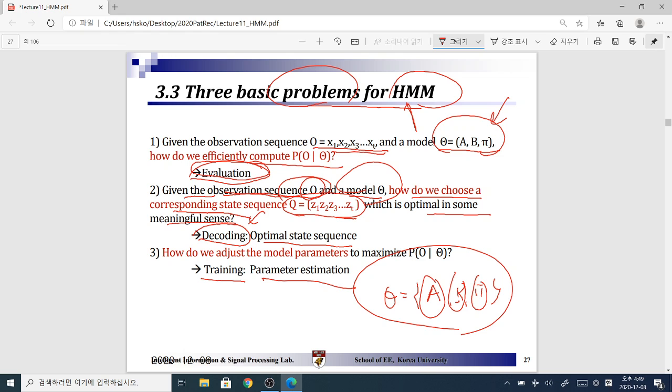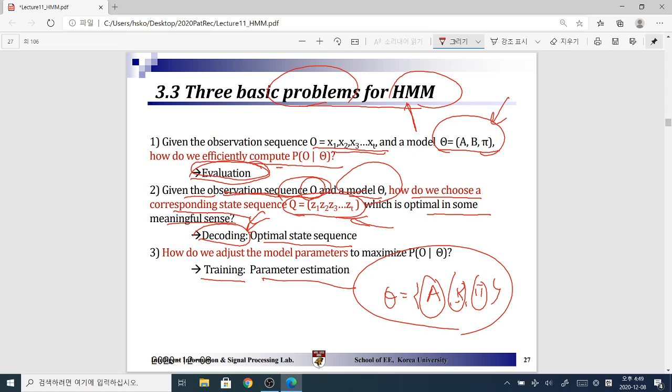Decoding is like speech recognition. Given a sequence of features taking place over time, the decoding process allows you to obtain the sequence of decoded states, where the decoded states in the case of speech recognition would be, let's say, the decoded phonemes.